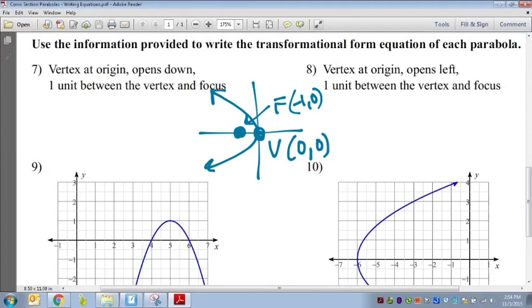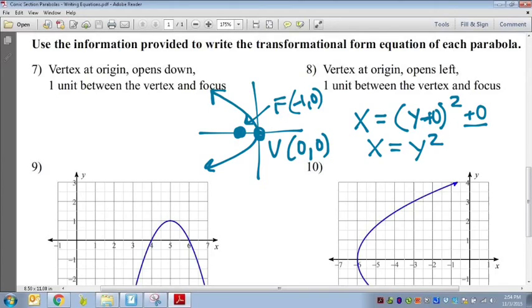All right, so if the parabola is facing left, we obviously know the y term is squared. Normally we'd write x equals a times y minus something squared, plus another blank. But if the vertex is at 0, 0, wouldn't I just write plus 0, plus 0? So I really don't need to write the plus zeros. So it would just be x equals y squared. But there's one other thing we have to consider. Remember, we have to put the new a right here.